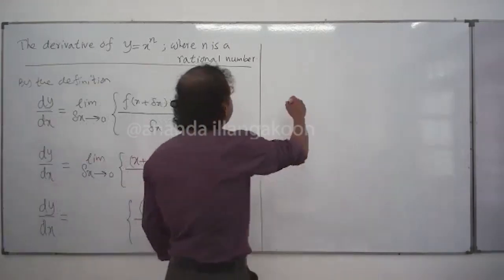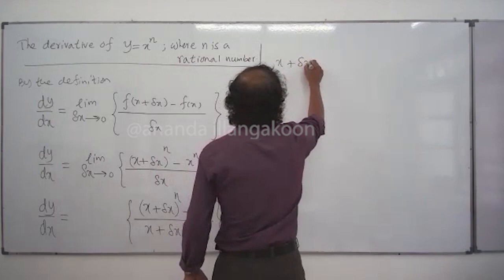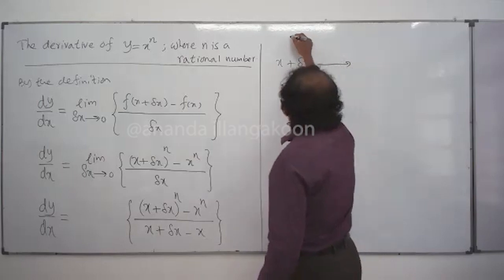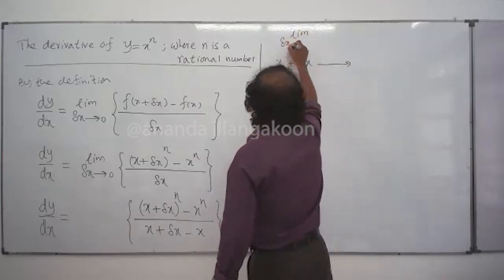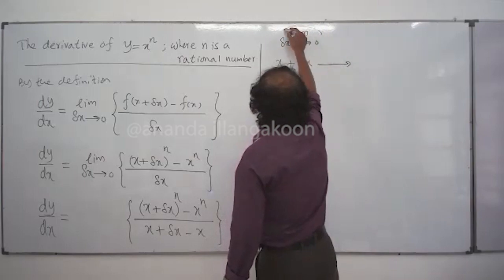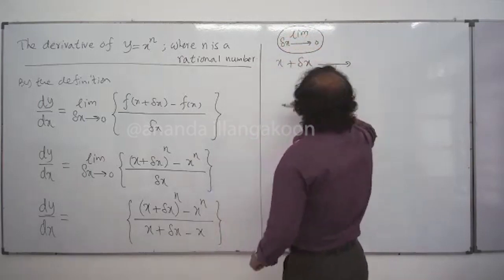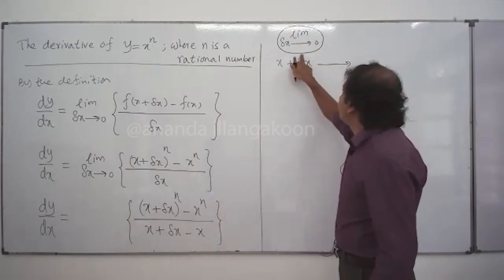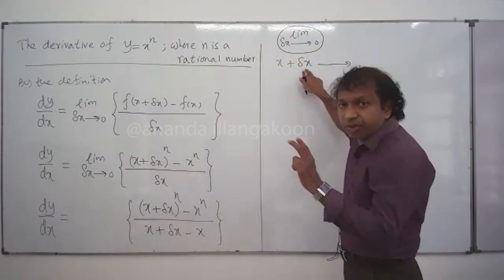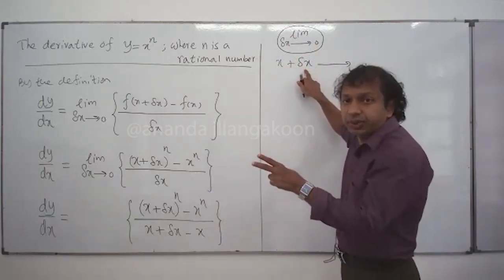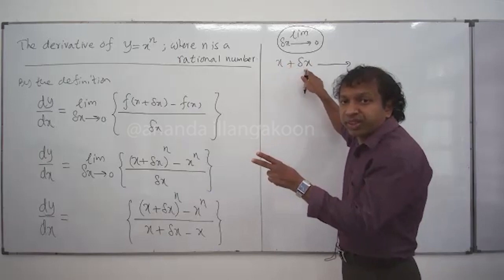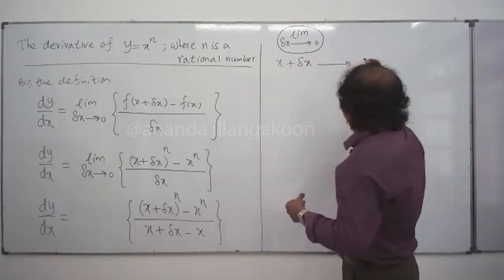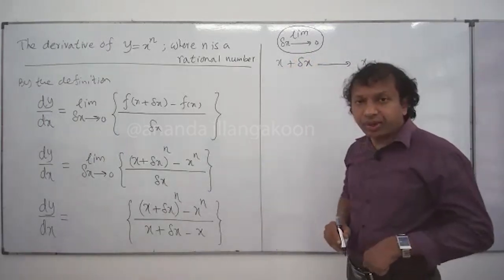Now, what happens to this x plus delta x while delta x goes to 0? When delta x goes to 0, this part is 0, no? Then this sum x plus delta x goes to x. Can you understand?